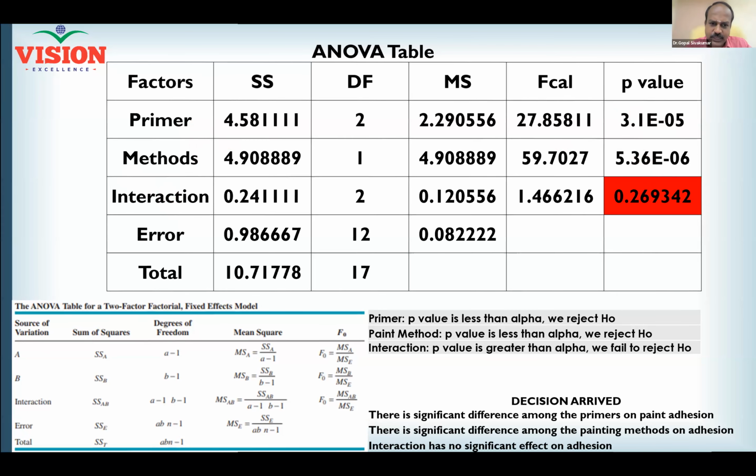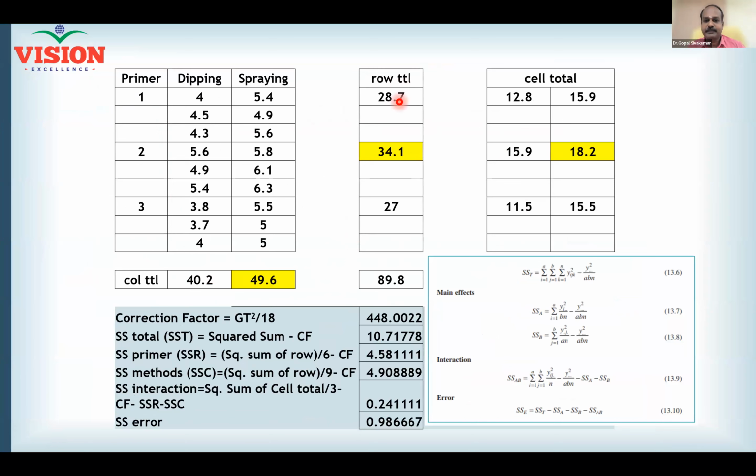To a certain extent, you can understand the same by referring to the data. Look at the primer effect here. Do you see a boost in the adhesion force? Which is the primer that is giving you more adhesion force? Primer 2. Similarly, do you see a boost in the adhesion force when we change the painting method?